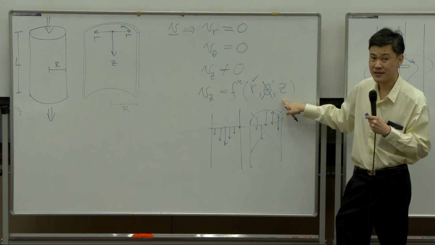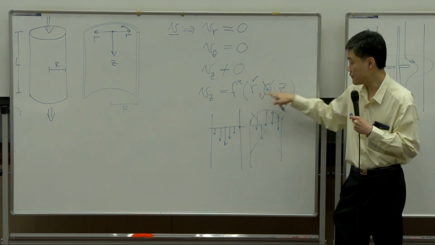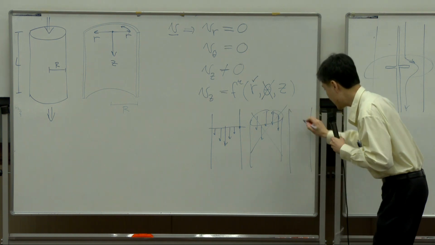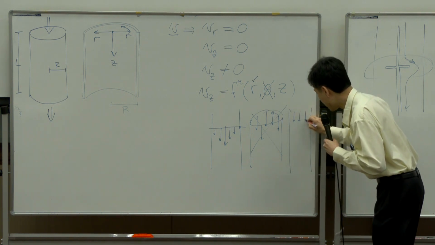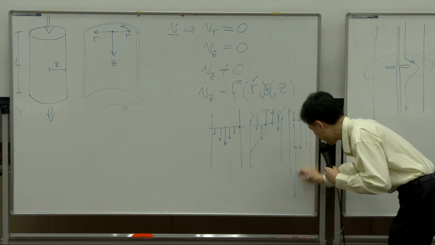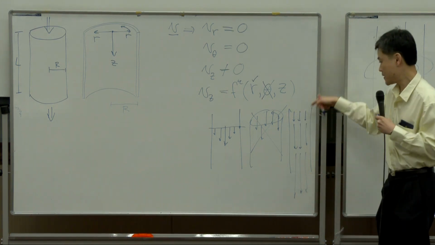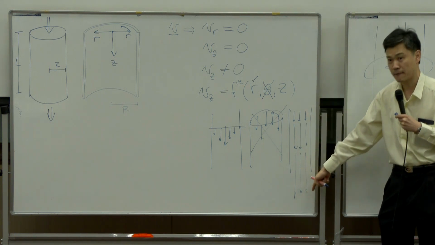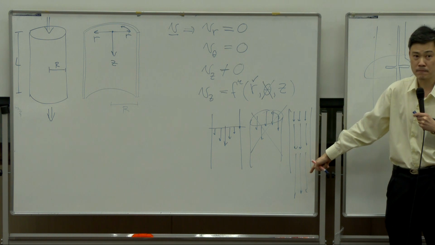What about z? Is vz a function of z? So imagine, does it go from small velocity going faster and faster? This kind of thing means velocity changing with respect to z. Do we have one?